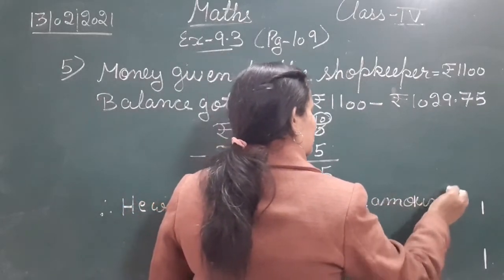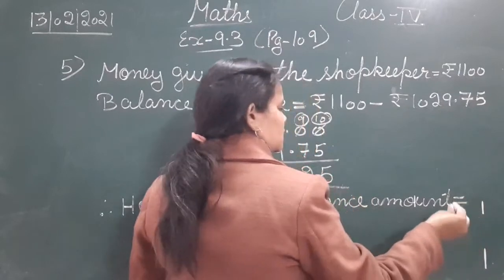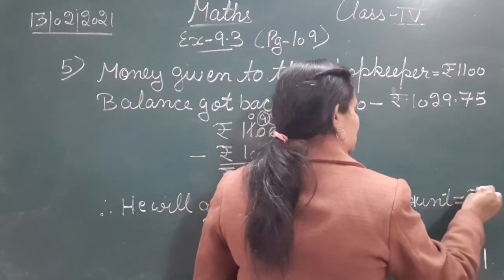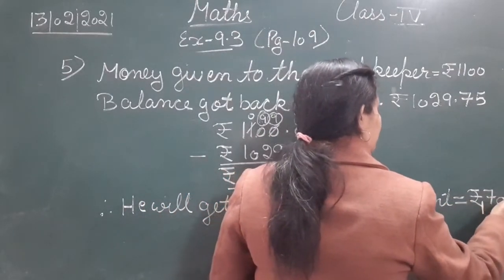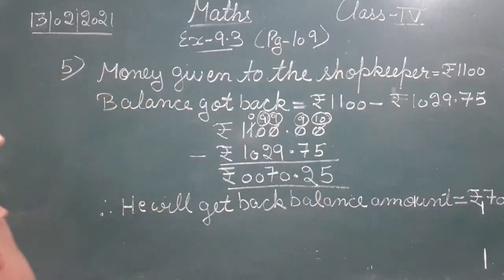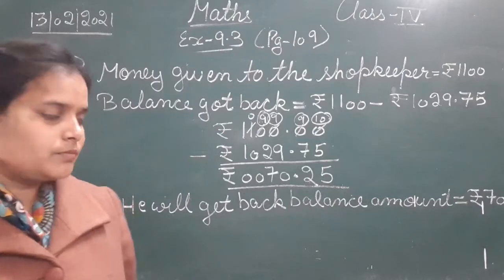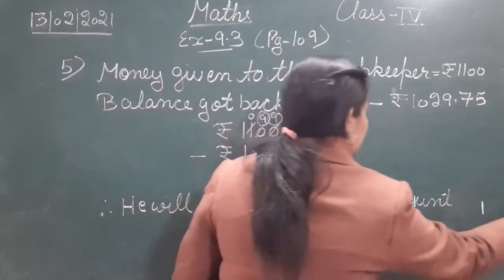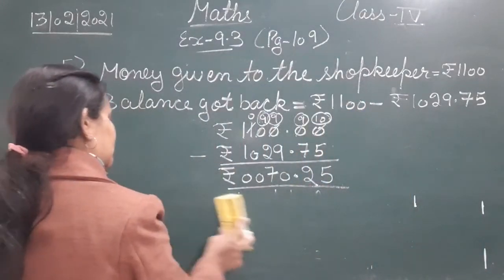He will get back the balance amount is equal to 70 rupees and 25 paise. So this is the balance amount he will get back. Okay, चलिए यहाँ पे ये amount सही करते हैं.